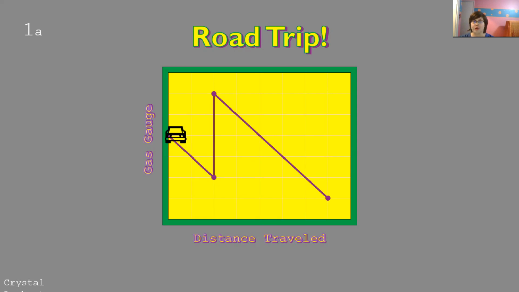The car's turned off. We're not moving, correct? But we're putting gas in our car. So here, you're going to see our gas level rise. So our y value gets greater, but we're not moving to the right. Then, once we start our car and get moving again, the further we go, the less gas we have in our car. And that's what this graph is about.